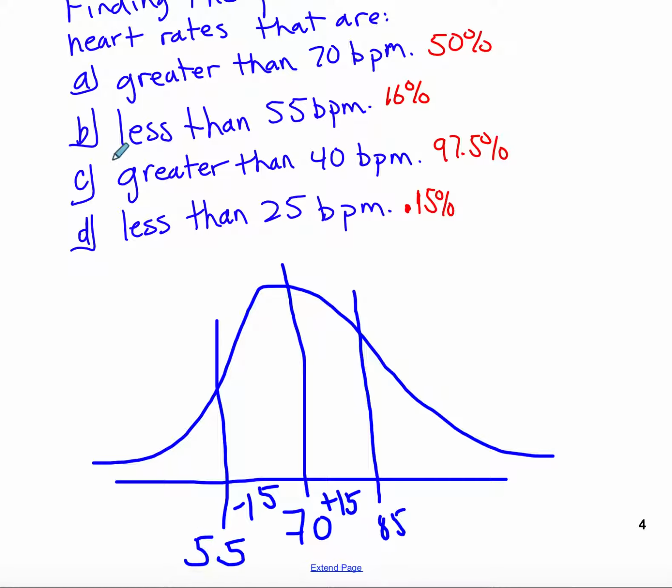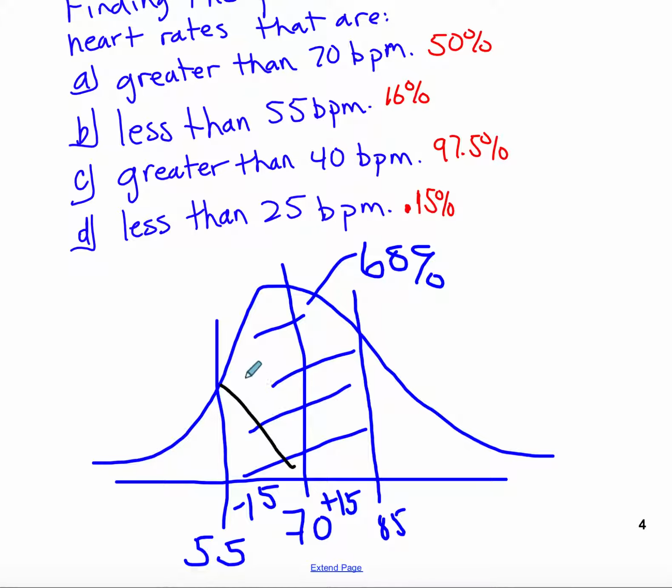And the problem asks us what percent is less than 55 beats per minute. So remember, between here, there's 68% of the data using the empirical rule. Because of symmetry again, if this is 68%, then this area here must be half of that.